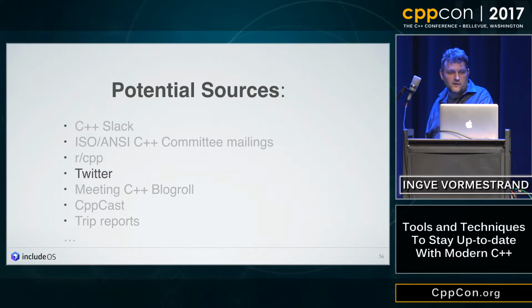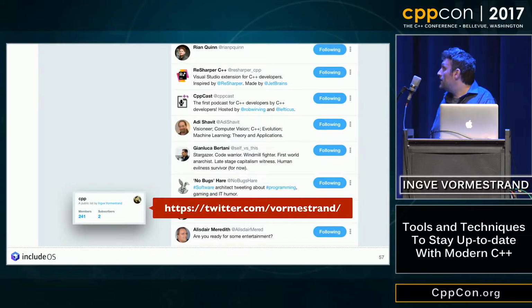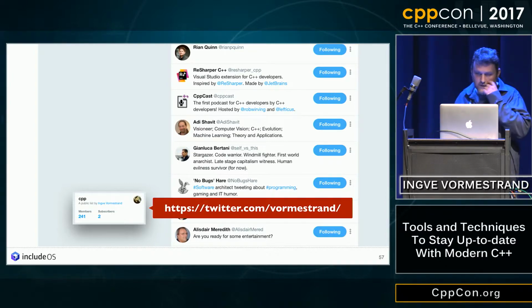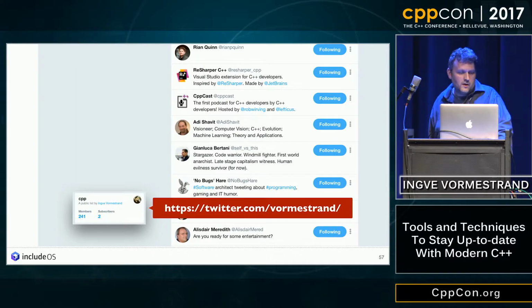So I would recommend following quite a few of them. There is this guy, some strange Norwegian guy. He has created a Twitter list where he has hundreds of the best C++ followers. So I recommend subscribing to that list.